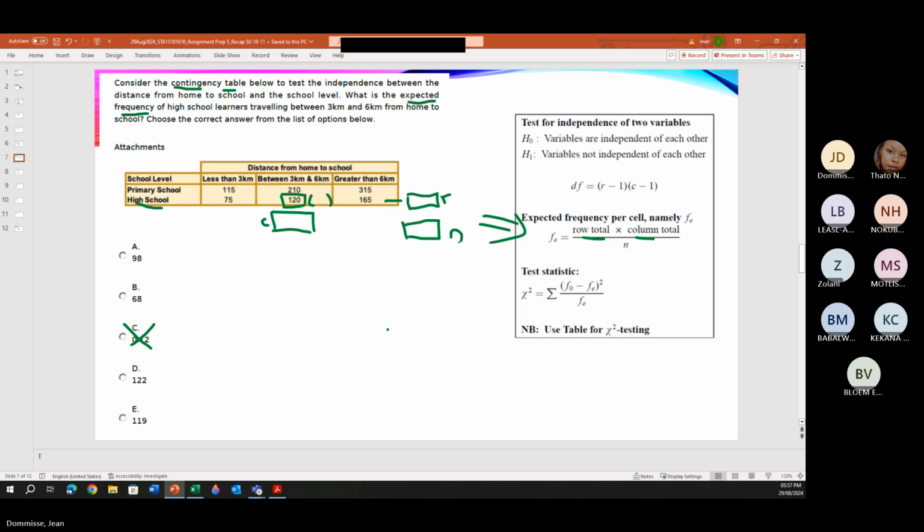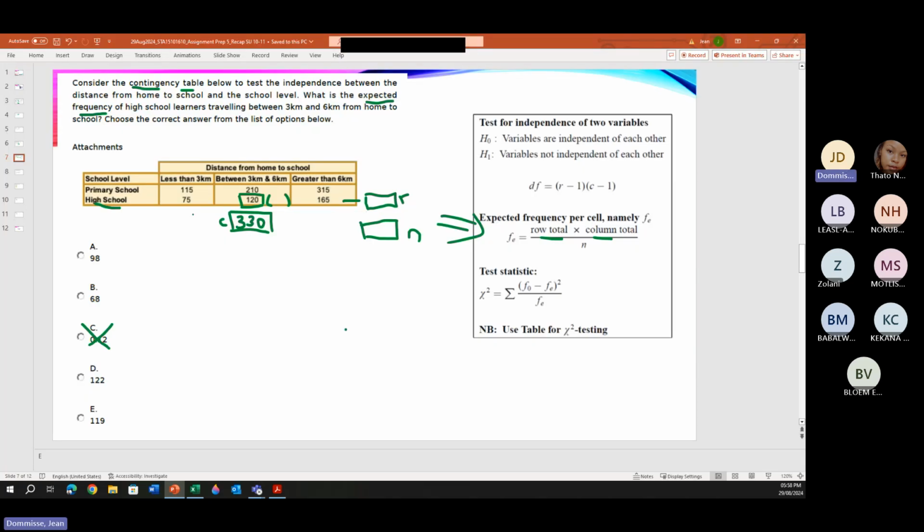So let me get my calculator. So the first one, easier to just get the two numbers added together. So 210 plus 120. So the total for the column is 350. And let's then add across to see the 75 plus 120 plus 165 gives me 360.